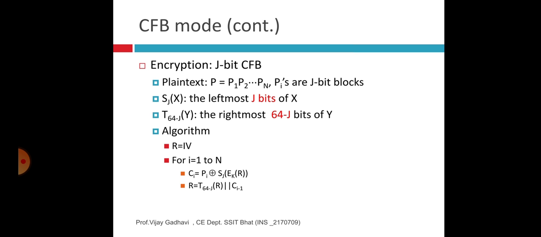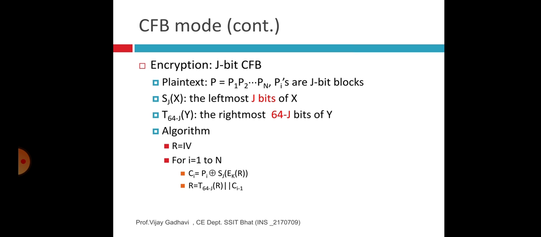Here Sj(x) is the leftmost j bits of x. Tail 64 minus j you consider as y, the rightmost 64 minus j bits of y.